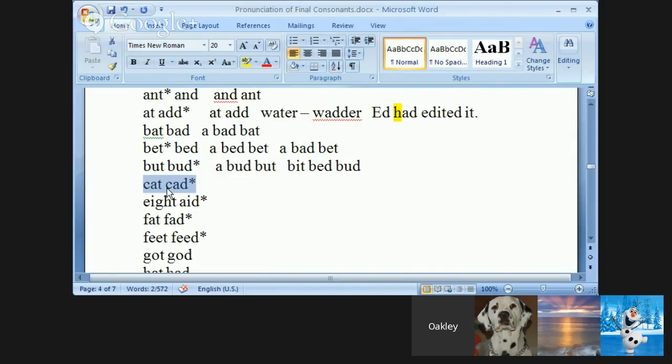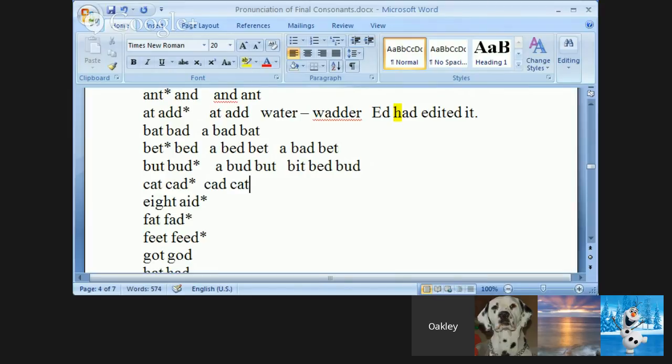Now you're sliding your tongue back. Your tongue's forward for the T. You're not dropping it. You're just sliding your tongue backwards to get the K sound. There's just no aspiration on the T. It's like a half T, pronounced. Cat, cad. You got it.